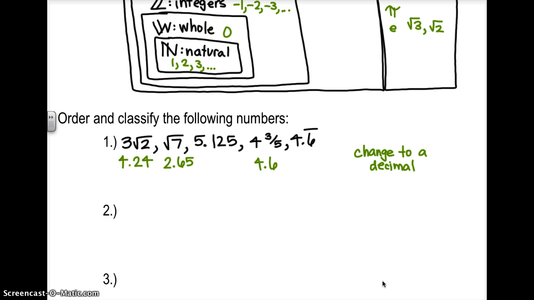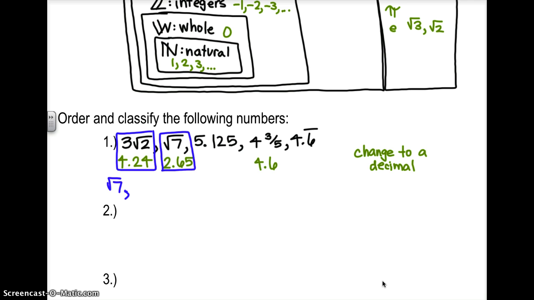So to order these, here's what we're going to do. Our smallest one is the square root of 7. That's 2.65. This would be the smallest one. Now looking at this, we have 4.24, a 4.6, and a 4.6 repeating.